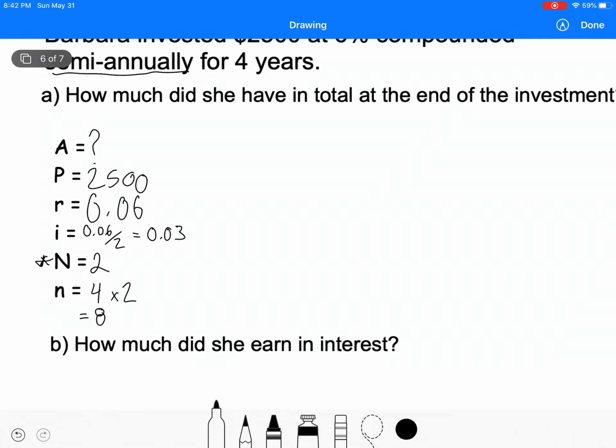So really you should do this N value before you do I or little n, because it's telling us our compounding period. It's telling us this number and this number. So now we can plug into our formula. And again, I'm writing it all out because it doesn't take me that long, but now I can just plug everything in so I don't make a mistake in my calculator or any of my calculations.